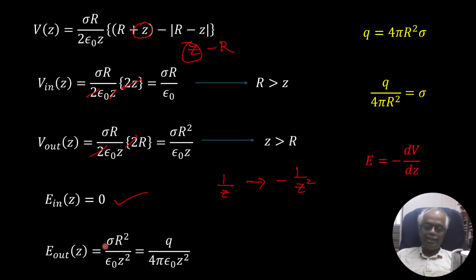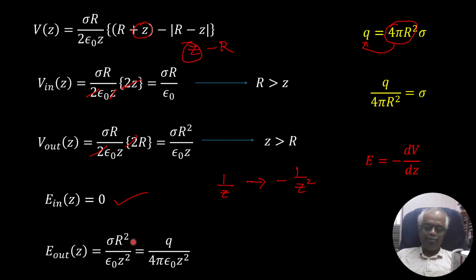Then we have to replace sigma. Q, total charge, is equal to surface charge multiplied by the area, that is 4 pi r squared sigma. Then what is sigma? You bring this to the other side. So sigma is equal to Q over 4 pi capital R square.